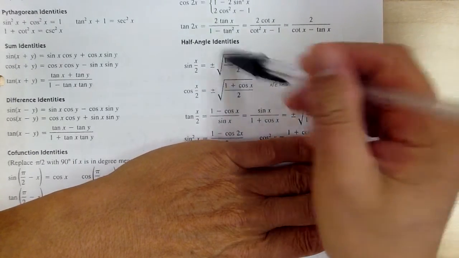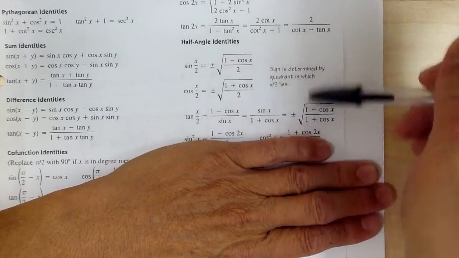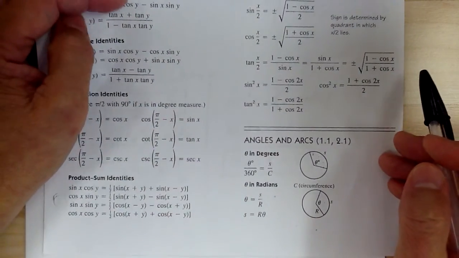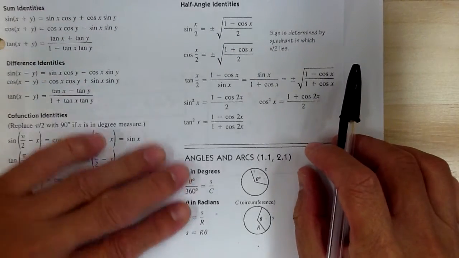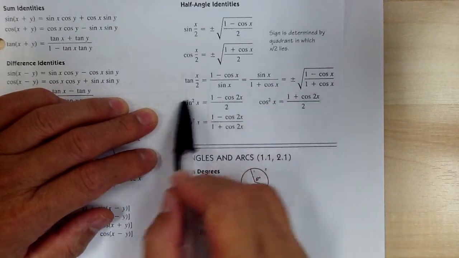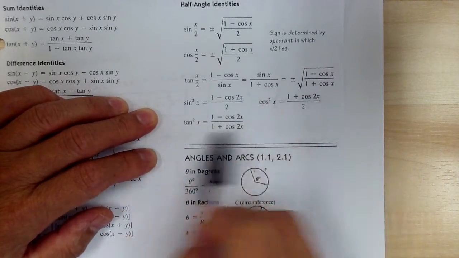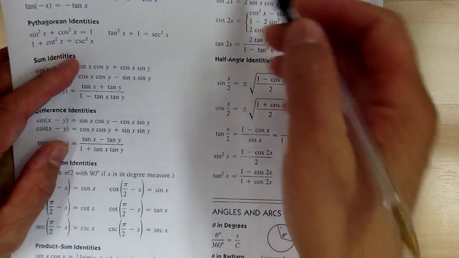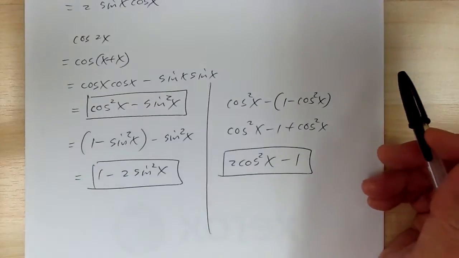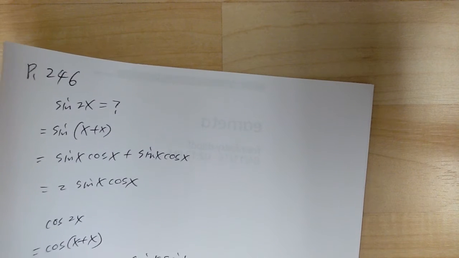So you should try to familiarize yourself with this over here. Don't worry about the sum product or the product sum; we're not going to deal with that. And for the half angle formula, you don't have to worry about the bottom over here, so you can cross it out. So let's go over how we can use these to do some problems.